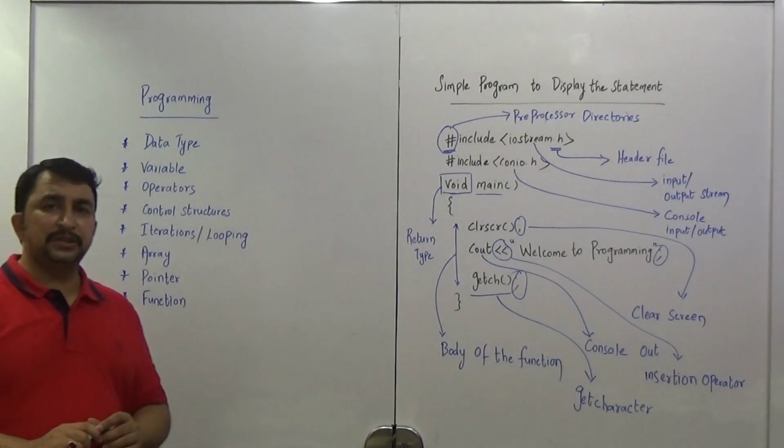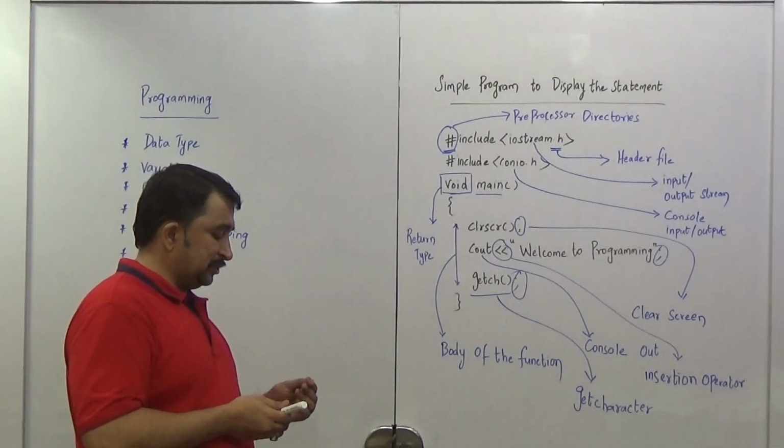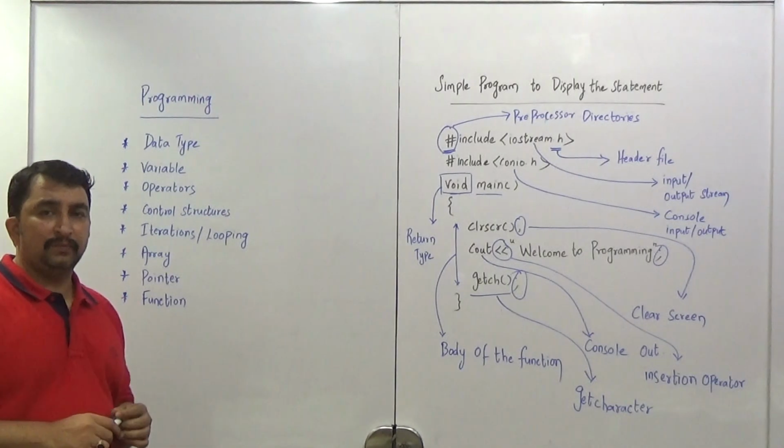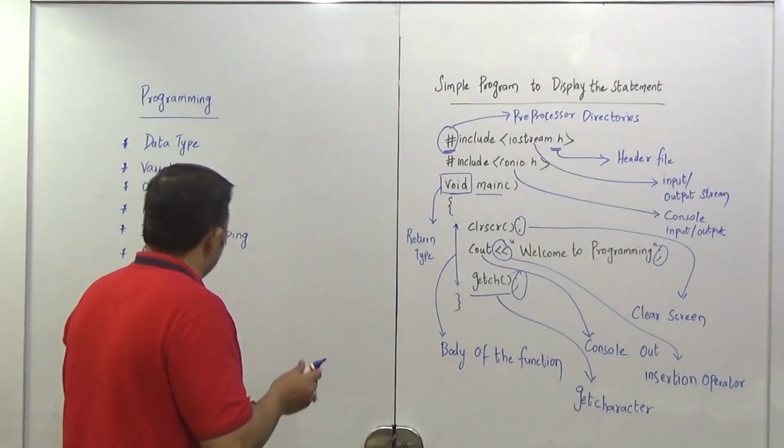These are the major, important things to write a program. First of all, we'll start with data type. What is a data type?